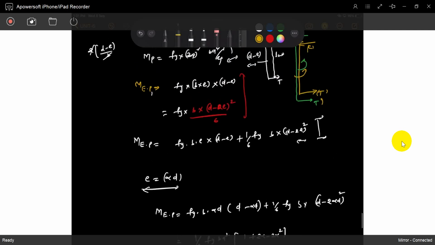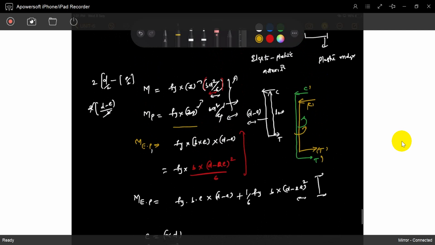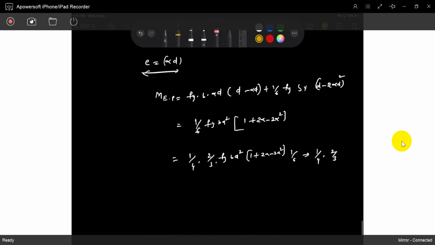MP is what? Fy B D square by 4, that is MP. So that's why Fy B D square by 4. Now it is 2 by 3 (1 plus 2 alpha square) MP. That is MEP.